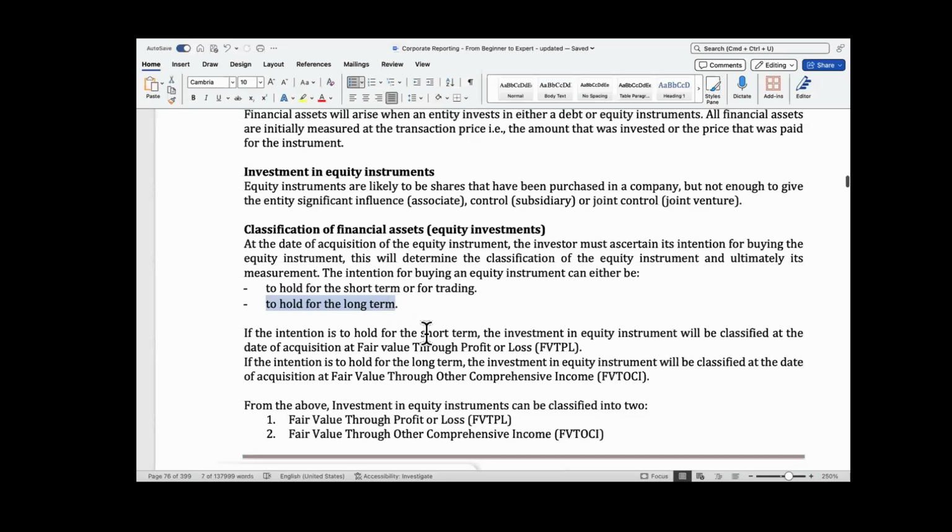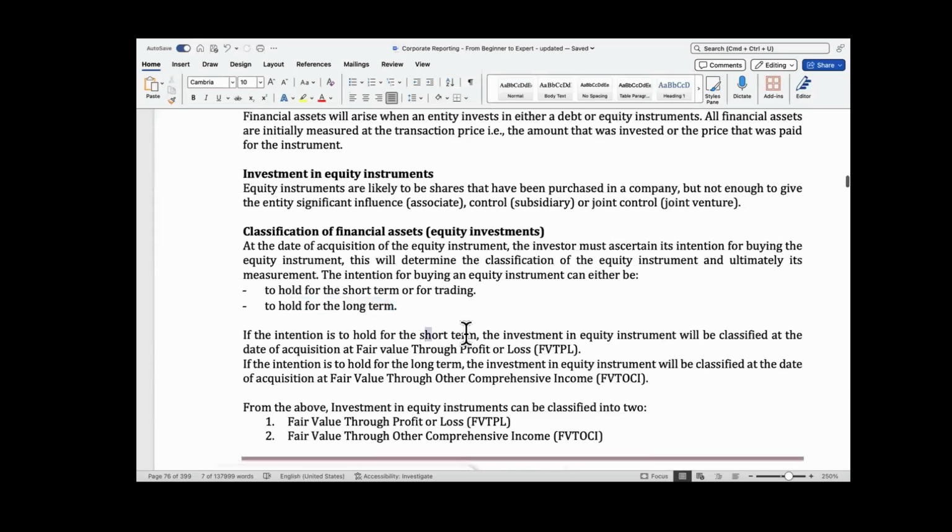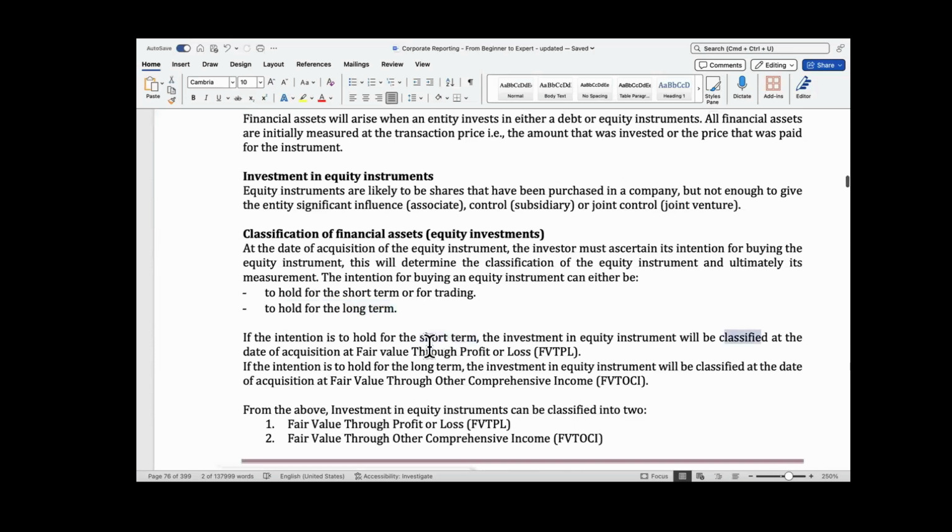If you are buying it with the intention of holding it for the short term, IFRS 9 says that you have to classify that equity investment, that financial asset, at the date of acquisition at fair value through P&L. At what? Fair value through profit or loss.